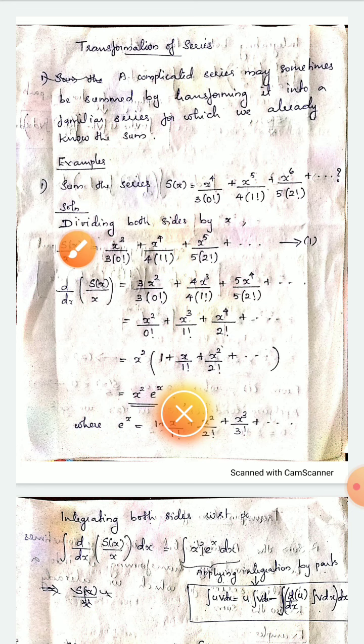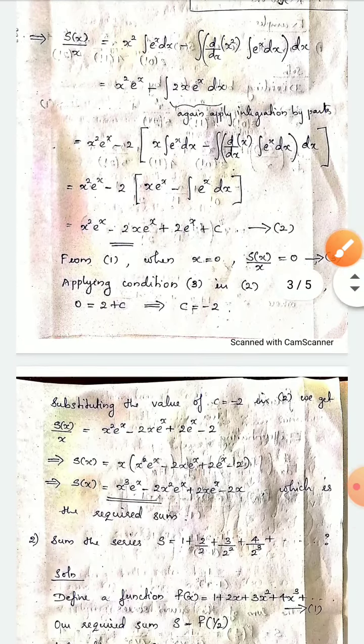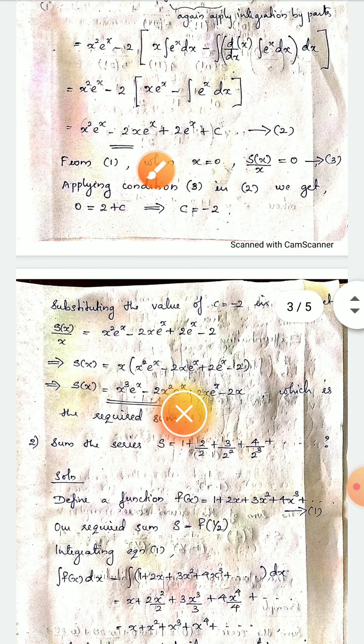That means s of x by x is equal to 0 when x is equal to 0. Okay. So, that is why it is written like that, from 1 when x is equal to 0, that is on the right hand side when we put x is equal to 0, then s of x by x becomes 0. So this condition I put as equation number 3. That is, when x equal to 0, s of x by x is equal to 0.